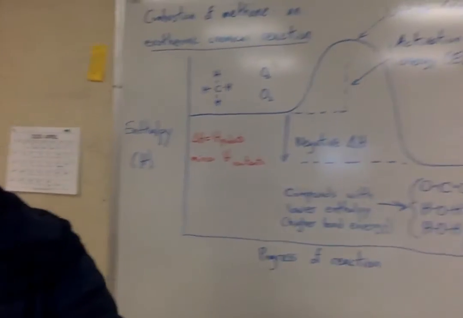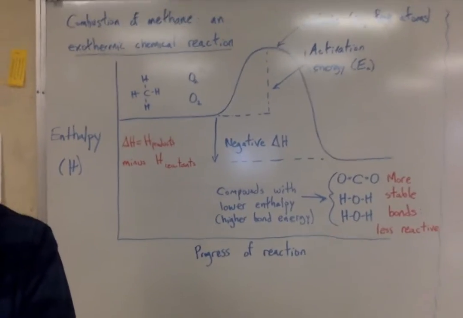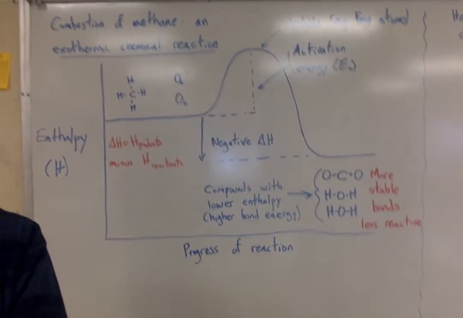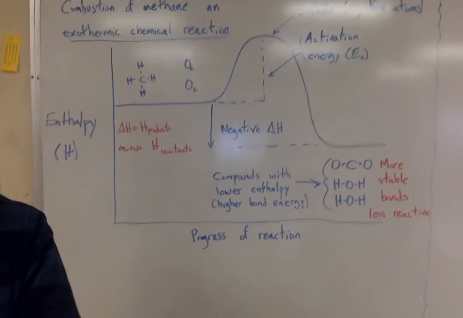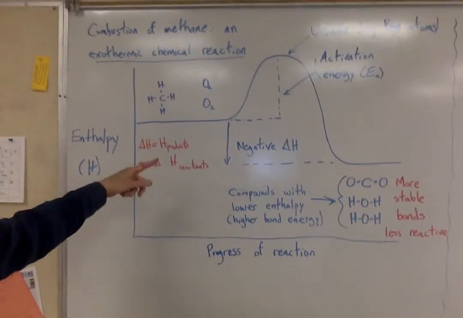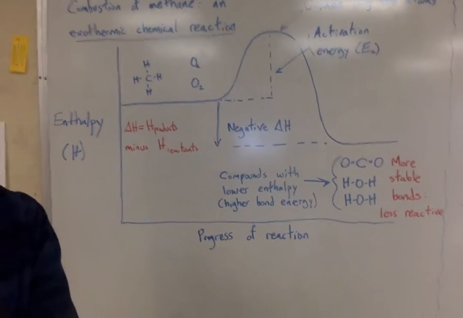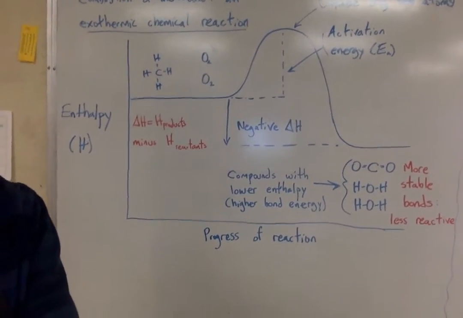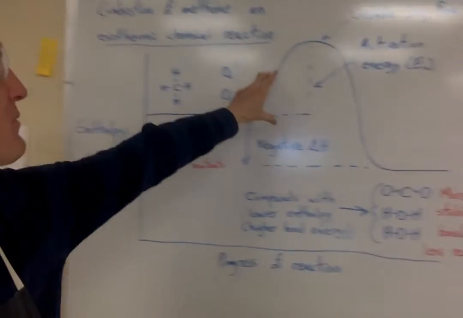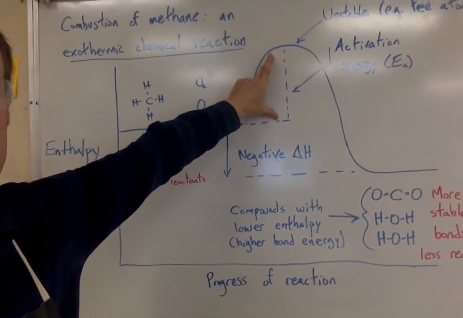Being exothermic, we have that shape. We start high and we go low. It's an energy level diagram, so the y-axis is enthalpy and the x-axis is the progress of the reaction, which might be measured as time. I'd like you to notice this right here, between my fingers, like that.